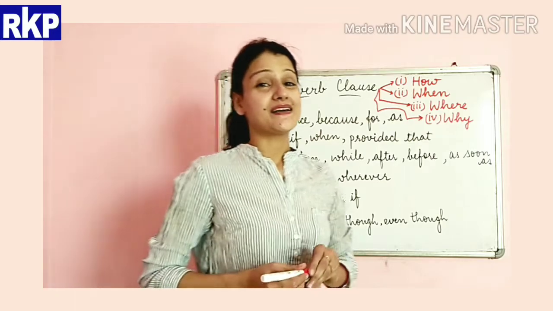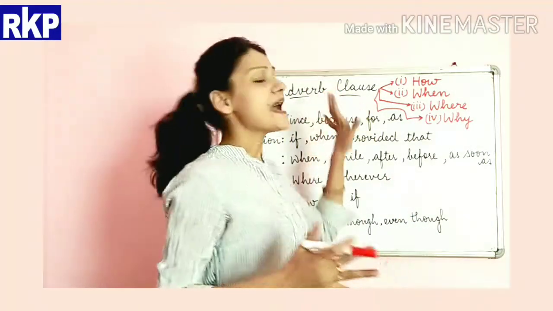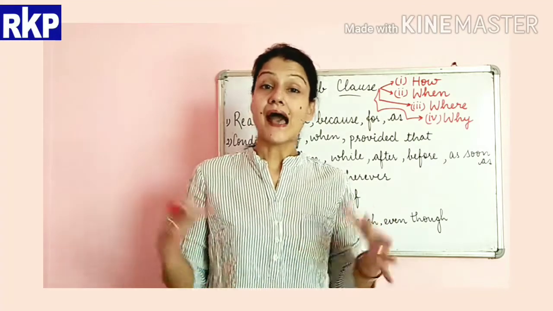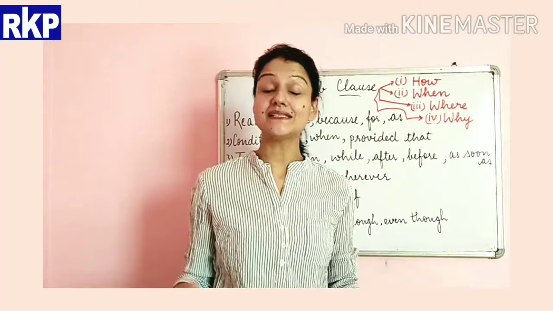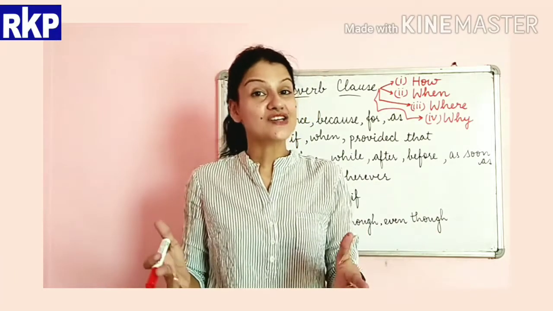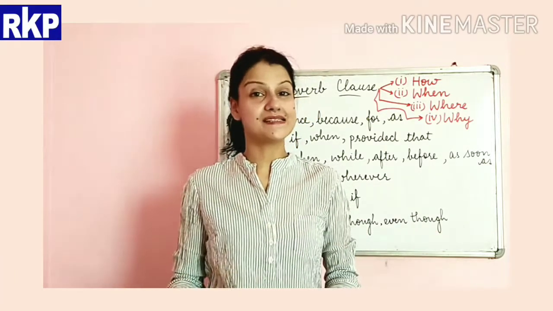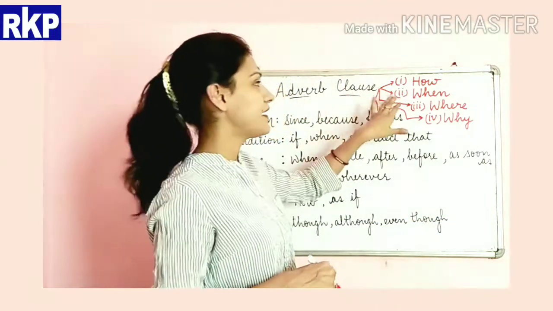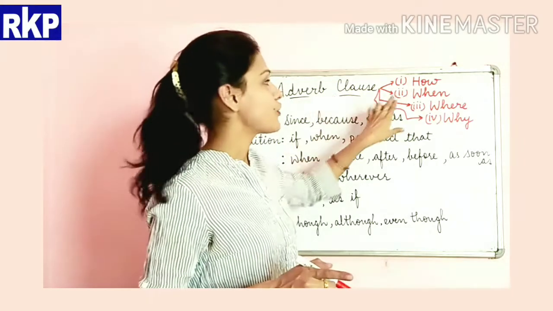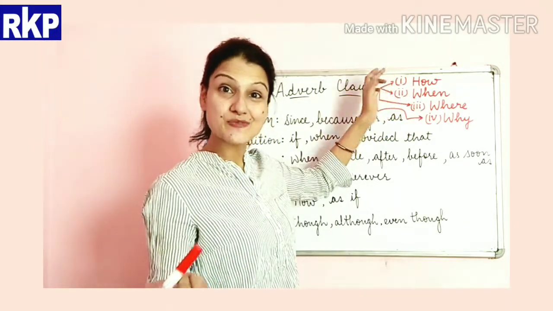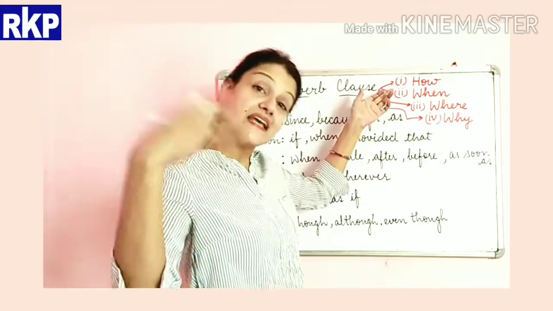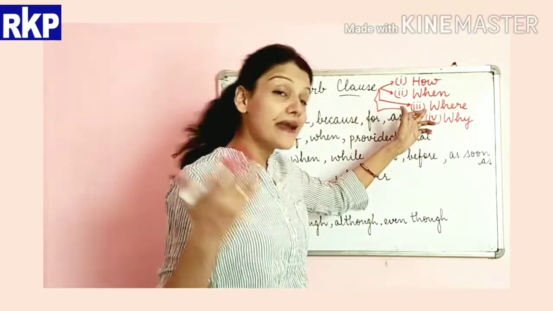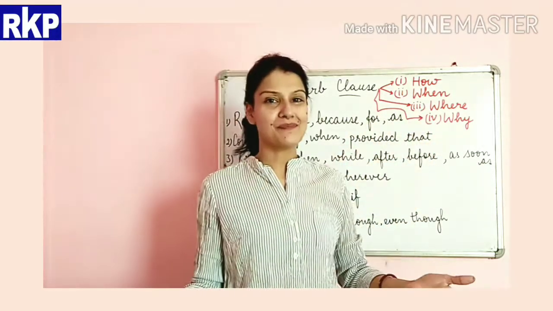We already know that adverbs are always associated with something happening in the sentence, that means actions. The action which is being performed in the sentence, adverbs are always associated with them. So here adverb clause gives us the answer of how something is done, when something is done, where, and why something is done.